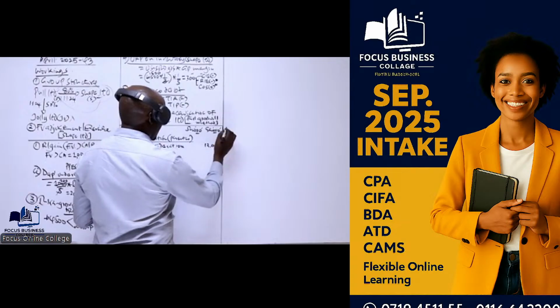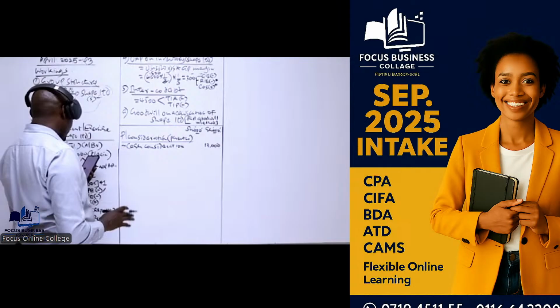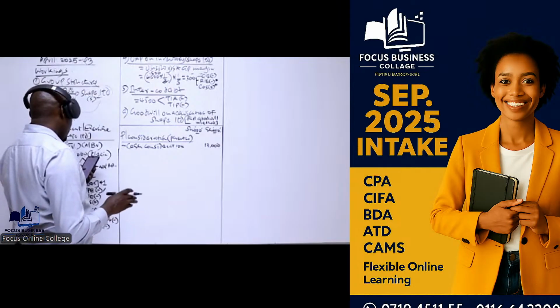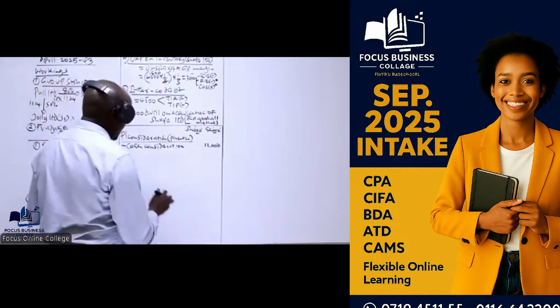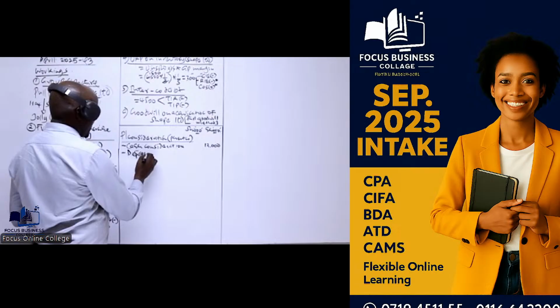Remember, all our figures are in thousands of shillings. And then we are told that on 1st of January 2024, a further cash payment of 12.1 million is deferred until 1st January 2026. That is the deferred consideration.